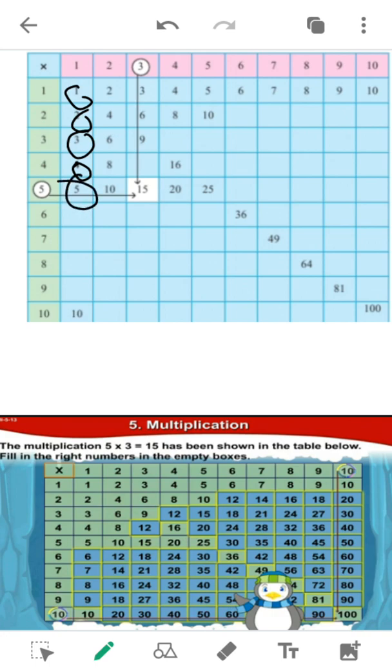So 6 multiplied by 1 is equal to 6. 7 multiplied by 1 is equal to 7. 8 multiplied by 1 is equal to 8. 9 multiplied by 1 is equal to 9, and 10 multiplied by 1 is equal to 10. So we have made the one time table. Yes or no? Yes.